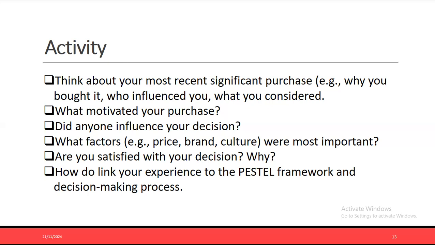Okay, so earlier on, we looked at how the PESTEL framework can affect marketing. So you would make use of your decision to make a purchase and how it aligns with the PESTEL framework. You can make use of any of the factors, and then we'll discuss this in class.